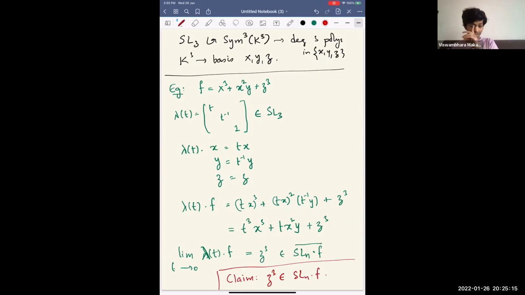And this somehow I have to give you an ad hoc explanation because I don't have a great one. The only explanation that I have is if z cube was in the orbit of f, then f would have to be a cube of some linear function.